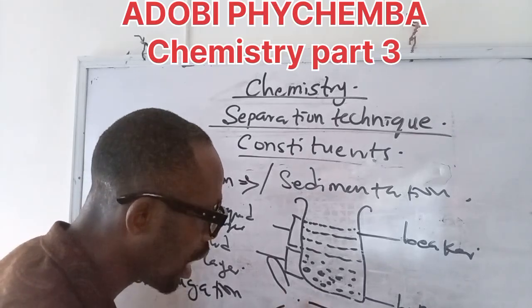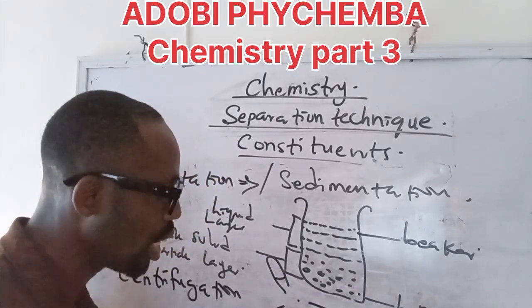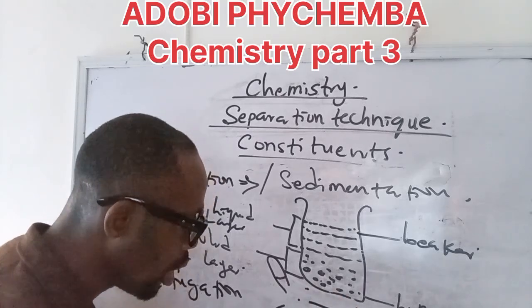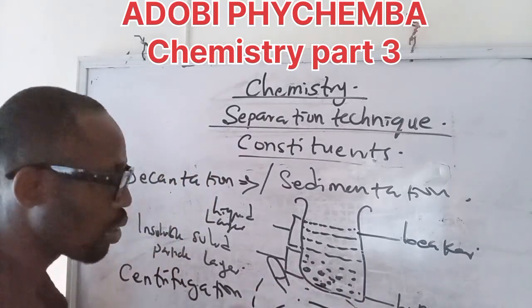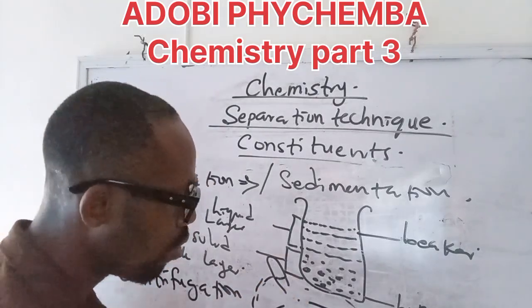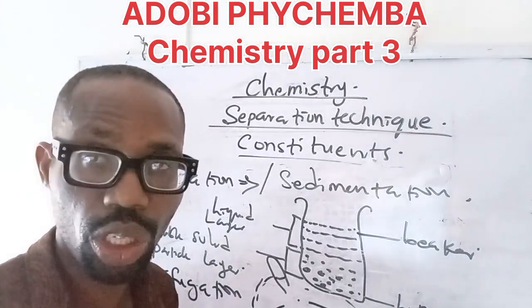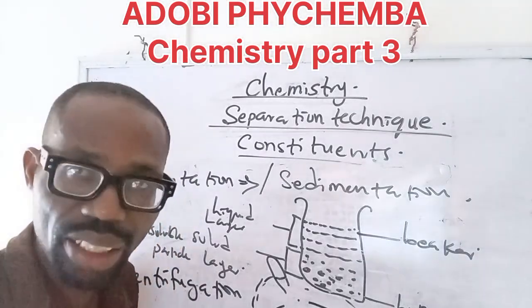The test tube will be counterbalanced with another test tube of the same size with an equal volume of water, such that it begins to spin round. The essence of spinning is to quickly make the liquid layer and the insoluble solid particles distinct.